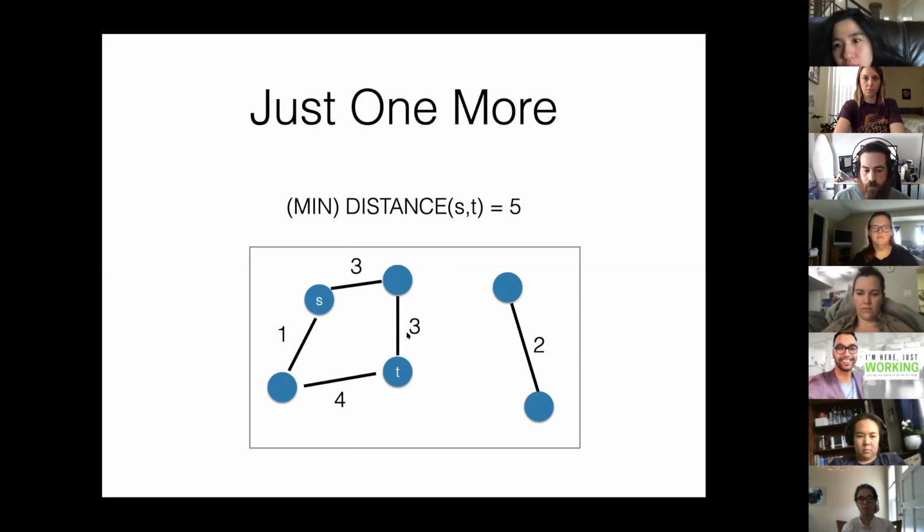If we do this path on top and we pay for each edge as we cross it, think of them as being like toll roads, we would pay 6 to get from S to T. If we take these roads, however, we would pay 5. So that means that the minimum distance between S and T in this graph is 5, not 6, because there's a good path, a cheaper path of 5.